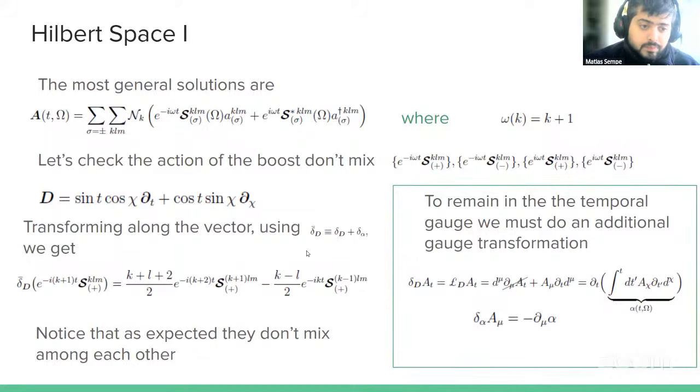The transformations that we do when we use this diffeo, as we talked about before, have to get an additional contribution from a gauge transformation. We got the delta alpha. We can see it here. If we do the diffeo, it's a Lie derivative.